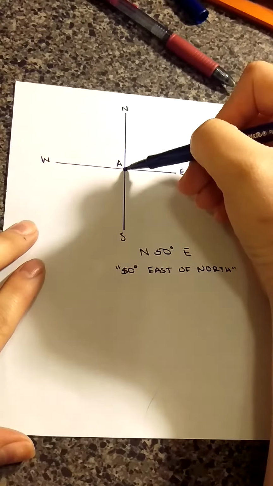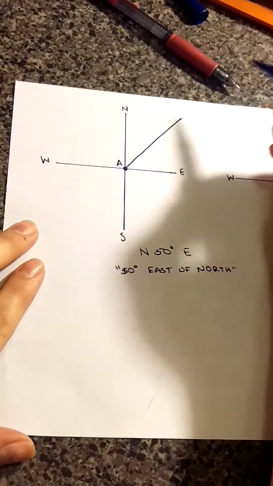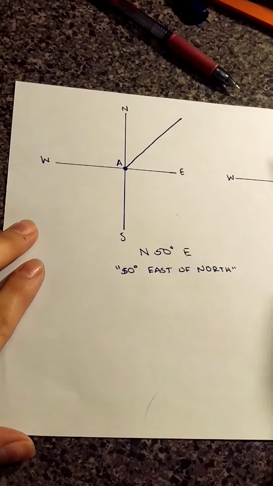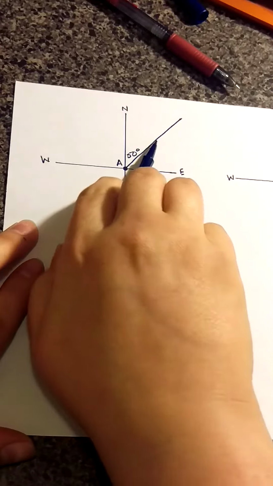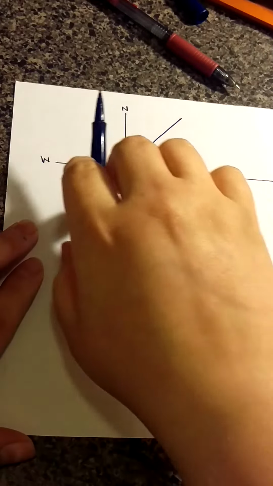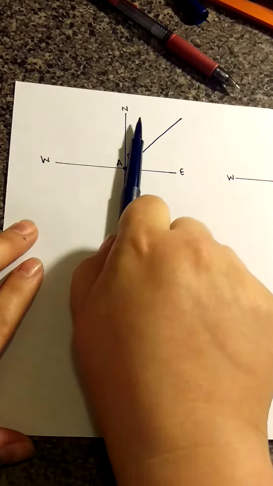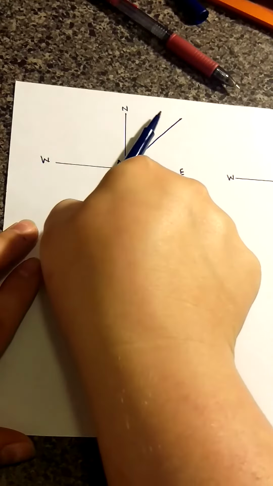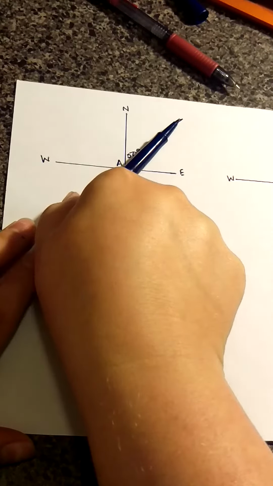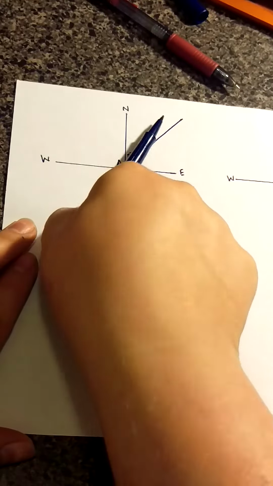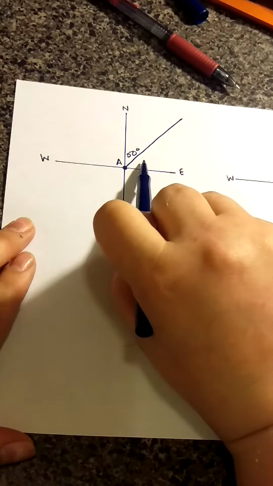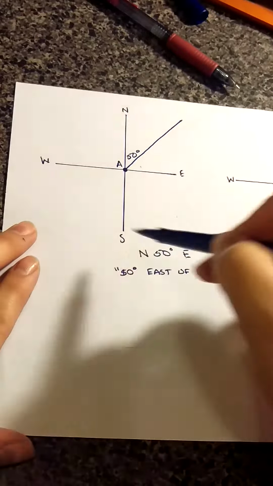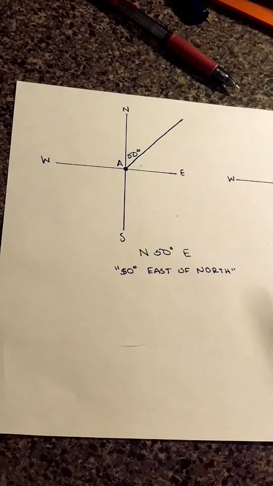So I'm going to go ahead and draw that in. There's the direction that he should be heading to airport B, and the 50 degrees is how far to the east we moved to get in that direction from north. So starting here, moving, and whatever span you cover in that moving of 50 degrees is where the angle falls. So it's not going to be ever against the x-axis, which is where bearing is a little bit different from what we've been doing.